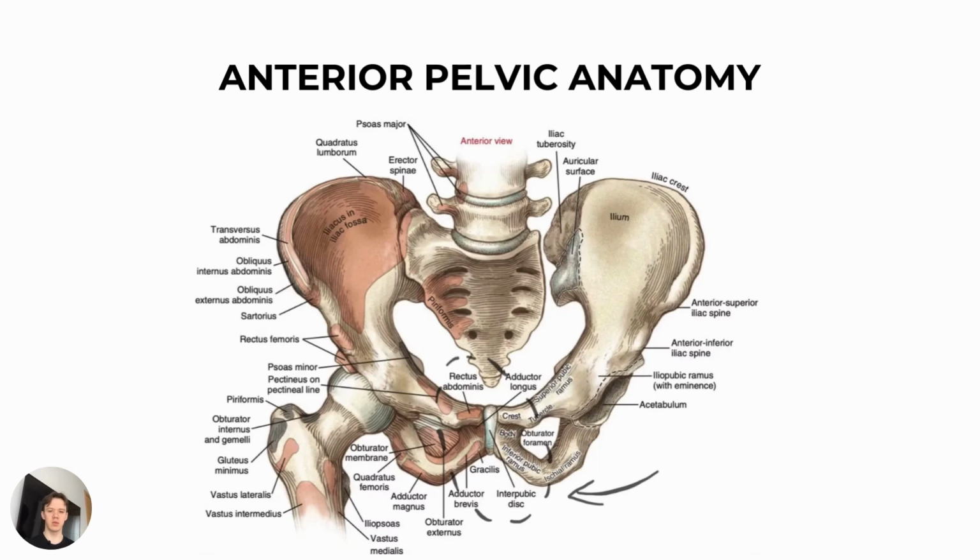You can also observe some of the other structures you might be interested in, the sacroiliac joint and the lower parts of the lumbar spine, and you can observe here the head of the femur.